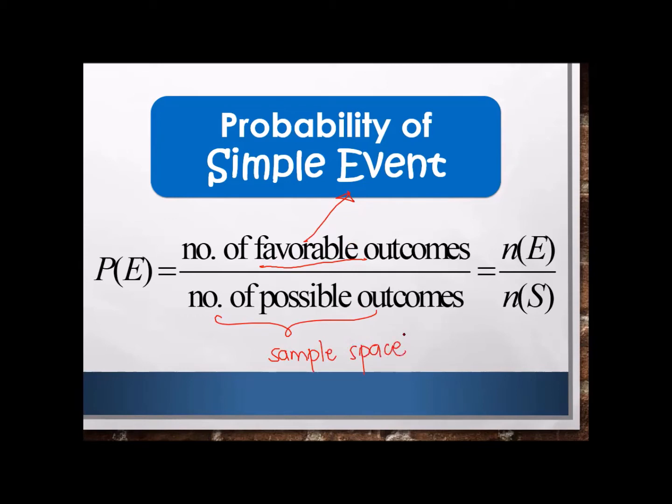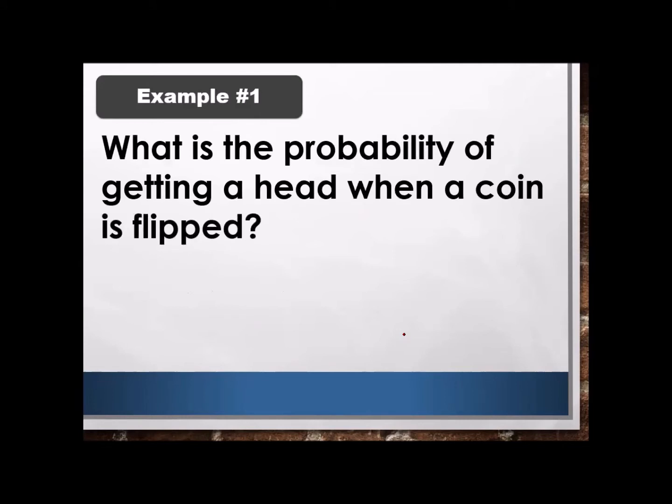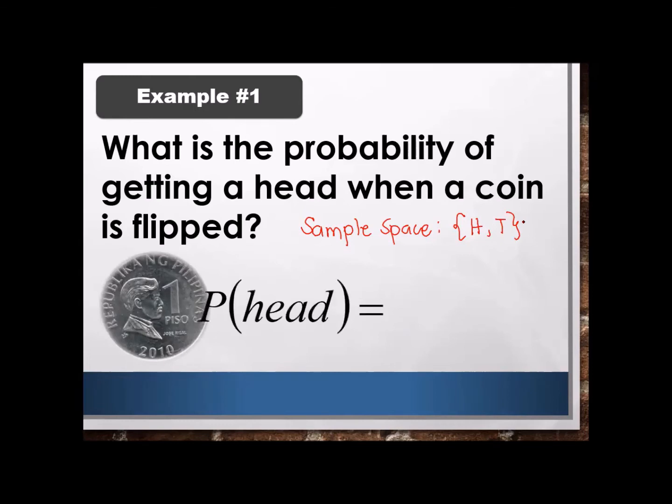Let us try para mas lalo ninyong maunawaan. The first example here is, what is the probability of getting a head when a coin is flipped? Balikan natin ulit. Ang sample space natin dito ay head at saka tail. Okay? So, probability of getting a head.